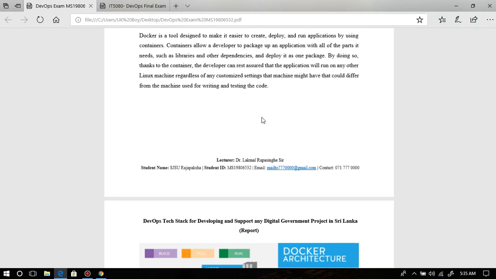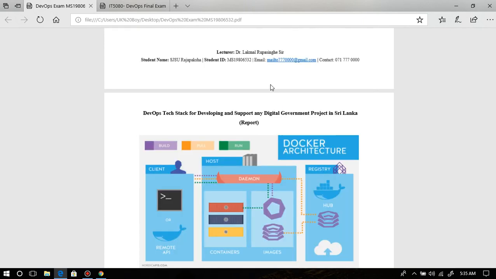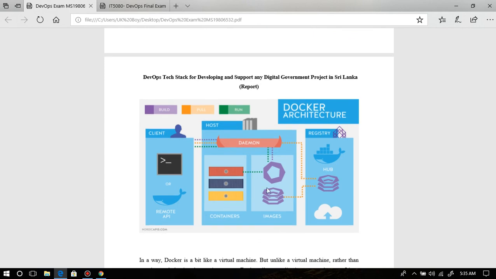In Docker there are a lot of things you will have to learn, such as the Dockerfile, Docker daemon, Docker images, containers, and remote API. You can study more about them through other videos.